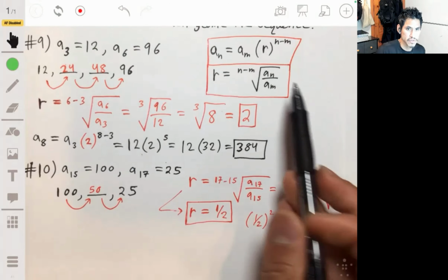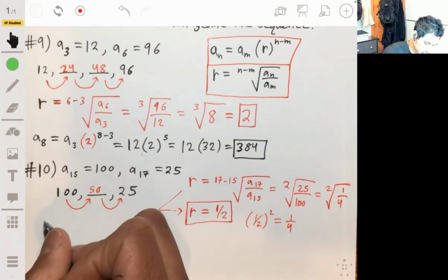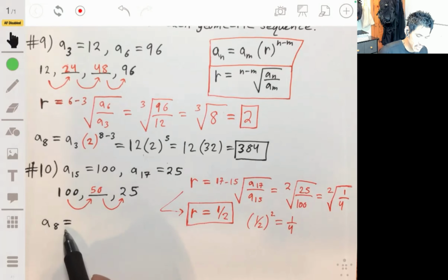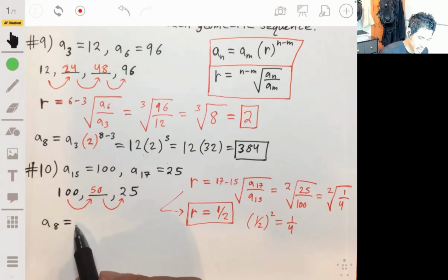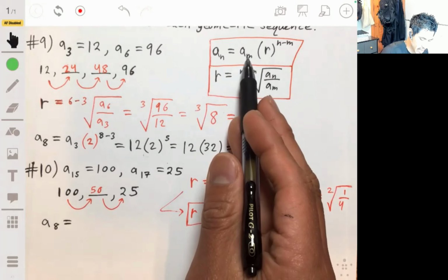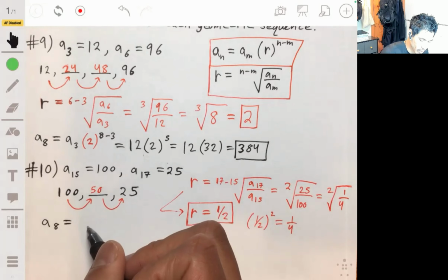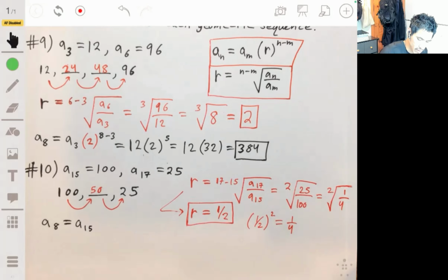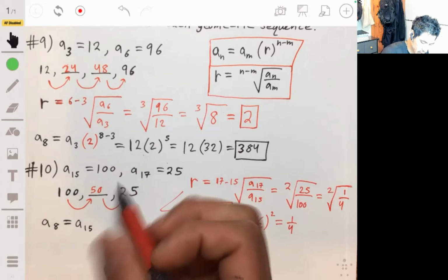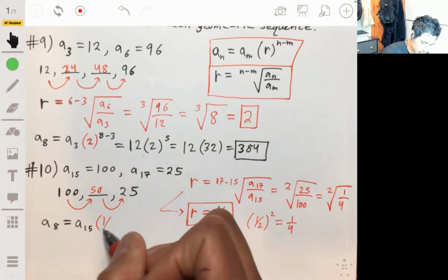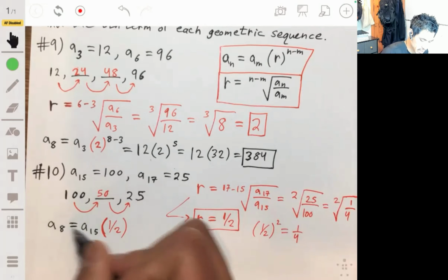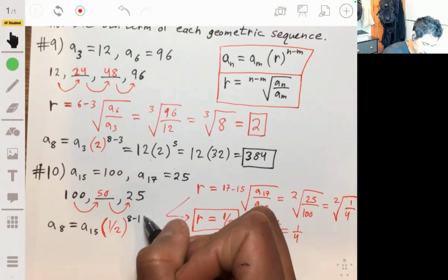So now we can use our equation for a_n. To find a8, we're going to set a8 equal to a_m, and let's just make it a15, times r, so times 1/2, to the n minus m power, so to the 8 minus 15 power.